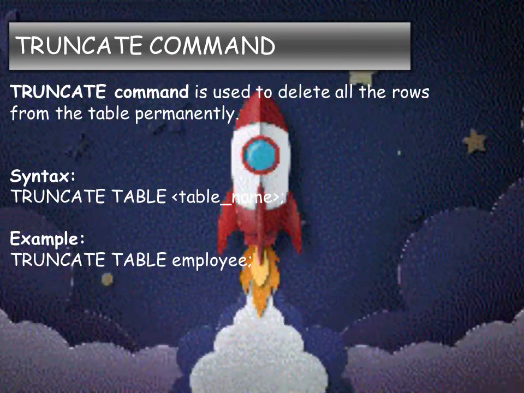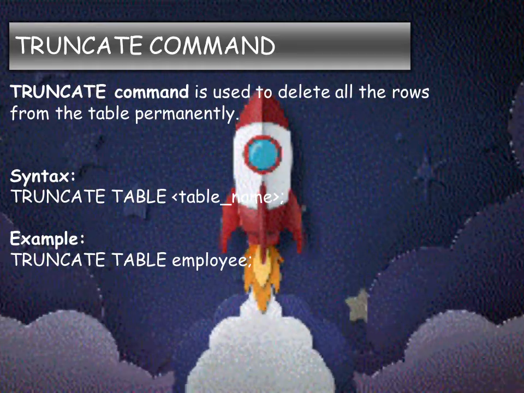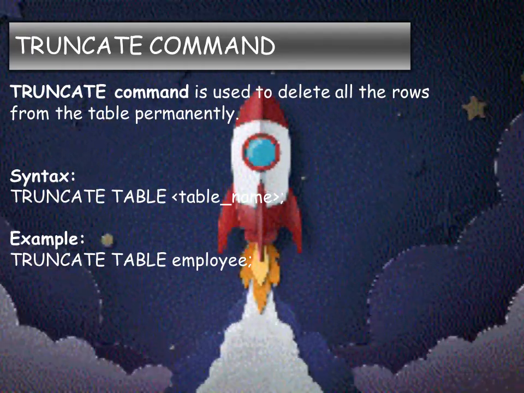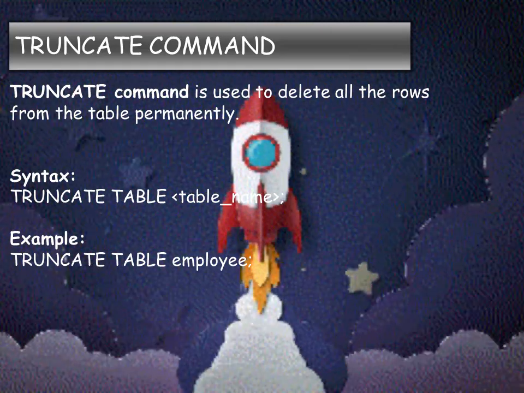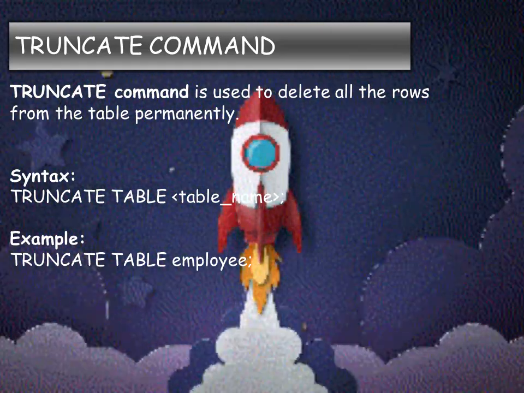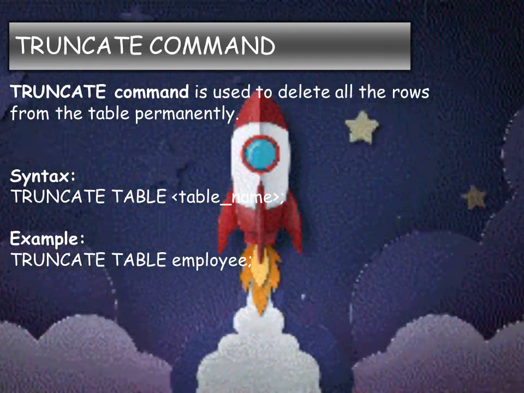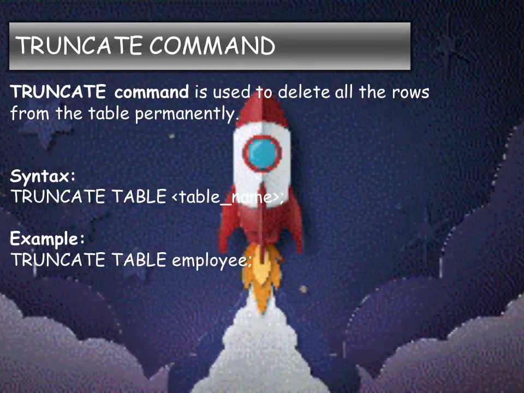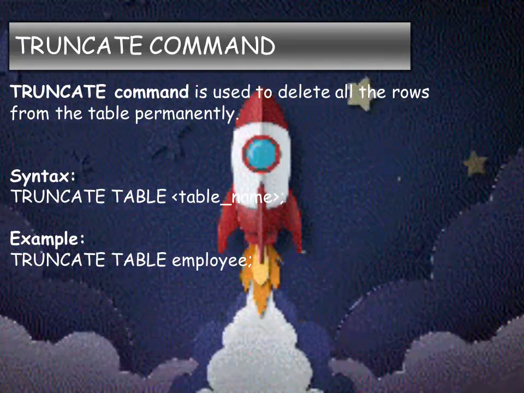Now, there is always a question asked: what is the difference between the drop and truncate commands? The drop command deletes the table data and table structure from the database, whereas the truncate command is used to delete only the records, only the rows from the table.